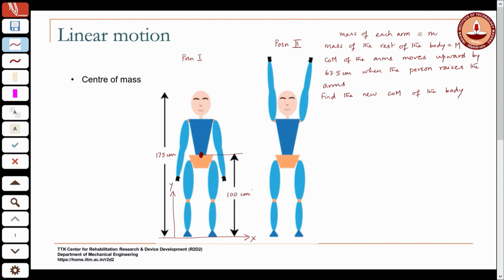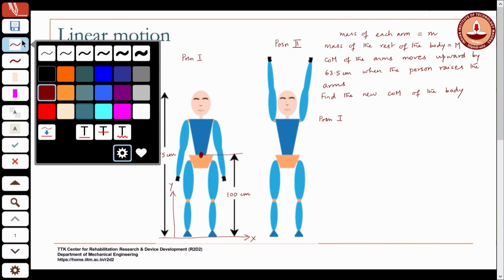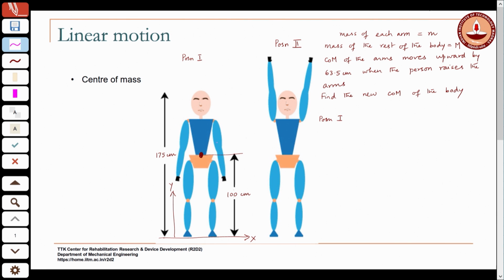So, in position 1, let us divide the body into the mass of each arm and the mass of the rest of the body. Let us say that initially the center of mass of the arms is somewhere here, located at a distance h from the ground.